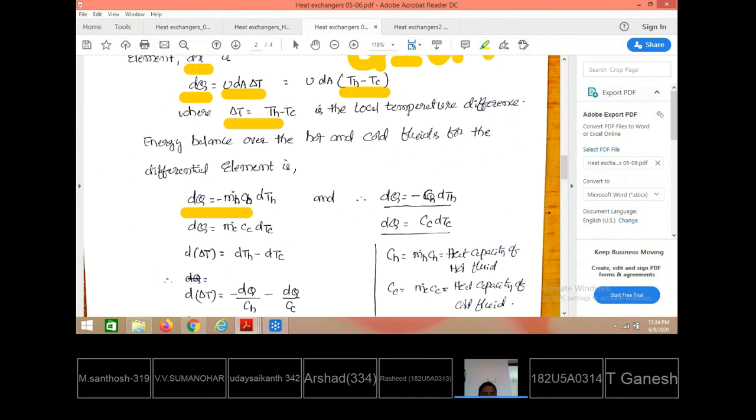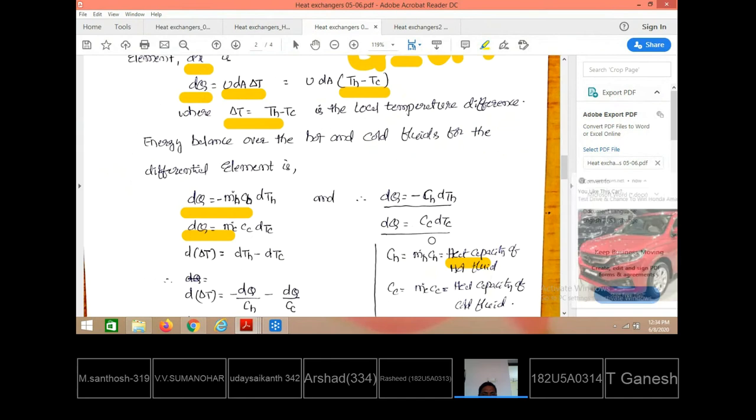So it is also written as dq equal to the product of mass flow rate and specific heat, which is called the heat capacity. For the hot fluid, this is capital C suffix H. Similarly for the cold fluid, dq equals the heat capacity of the cold fluid, Cc.